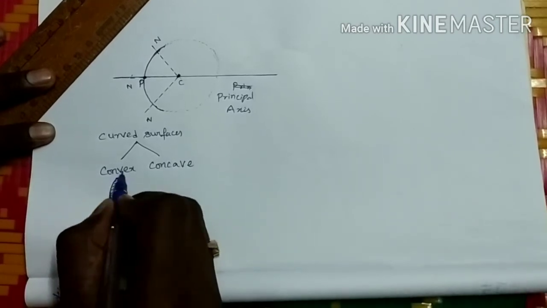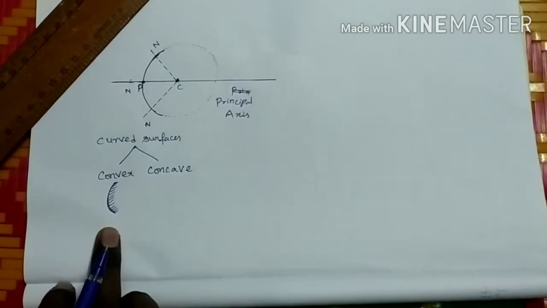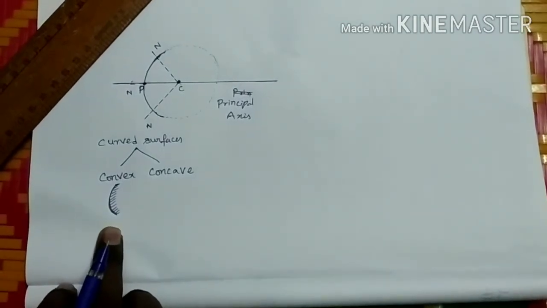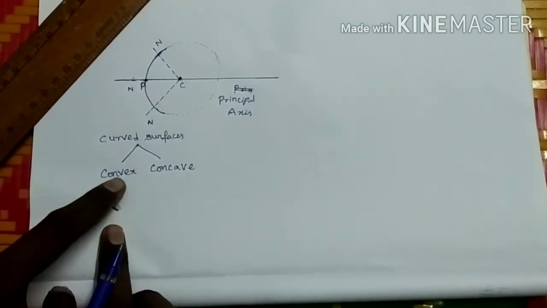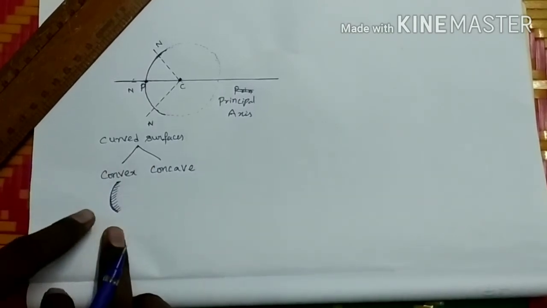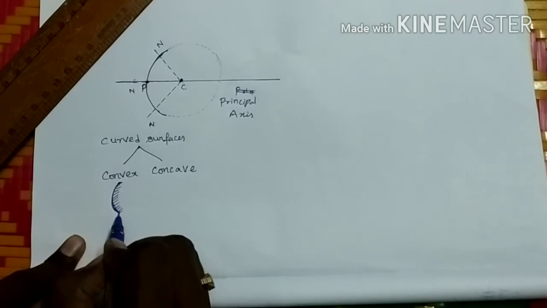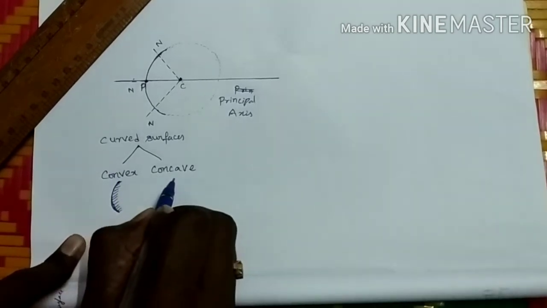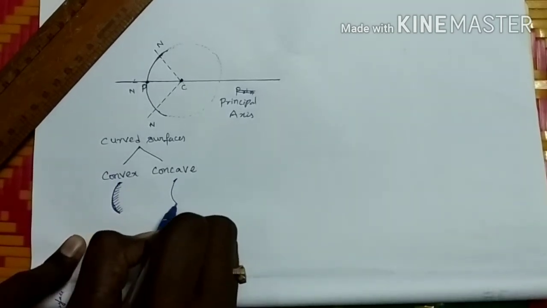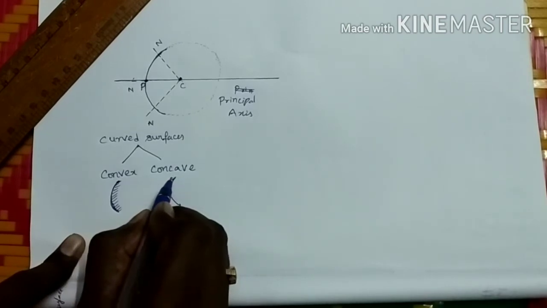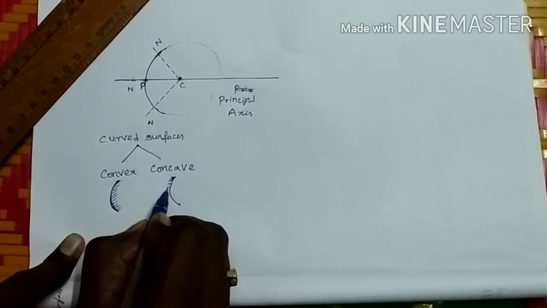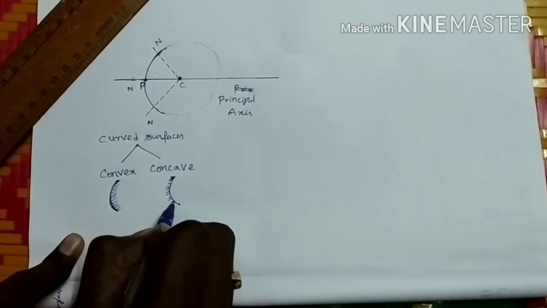In the case of mirrors you learned that, convex mirror and concave mirror. The surface which bulges out, we call a convex curved surface, and the surface which is bent inward, that we call a concave curved surface.